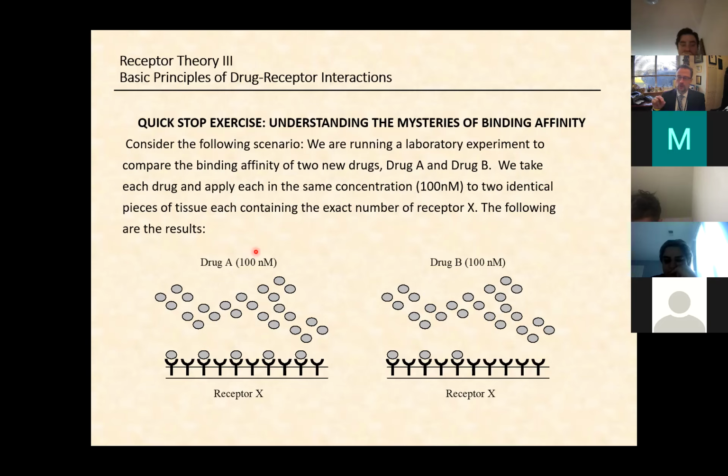Its units are always units of concentration: nanomolar, micromolar, picomolar, millimolar. It's that concentration of drug that gives you enough drug in the receptor biophase so that half of the receptors down here are being bound up.